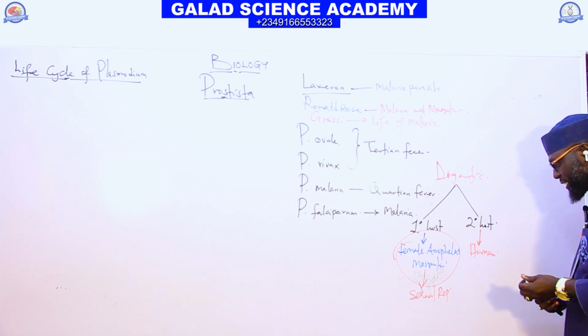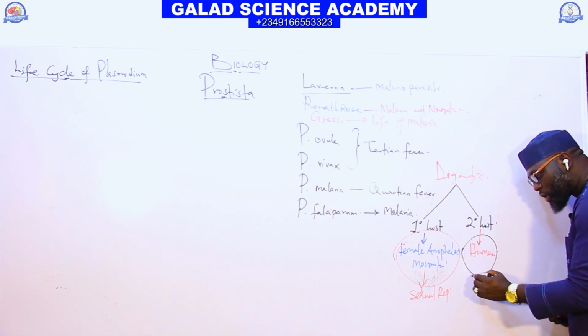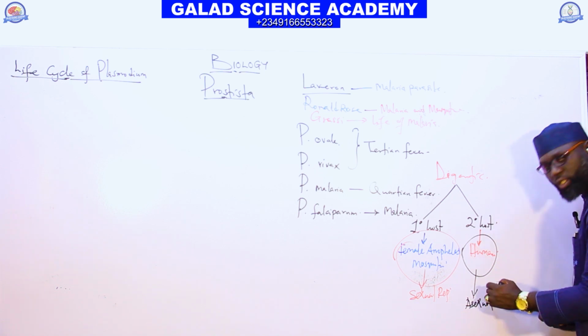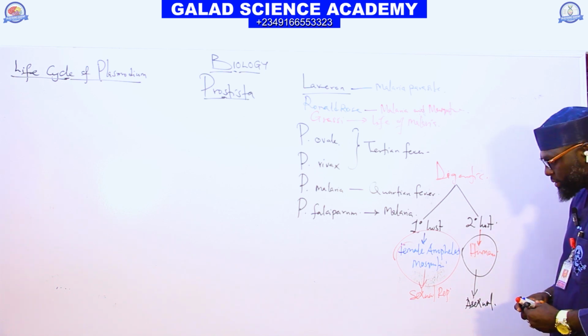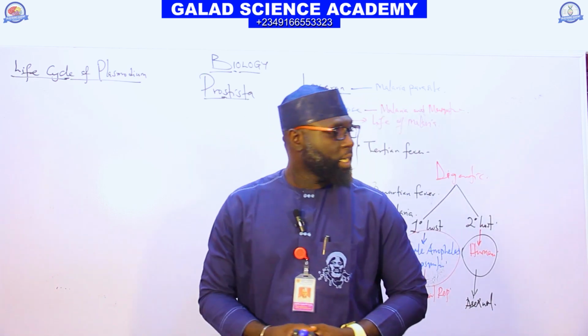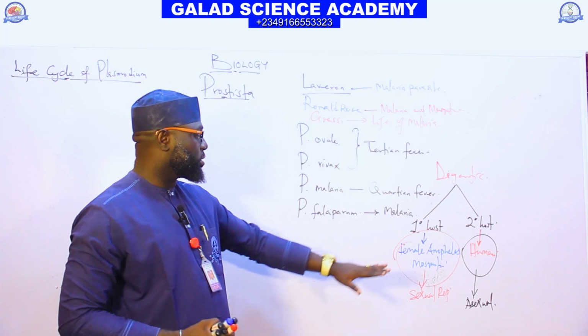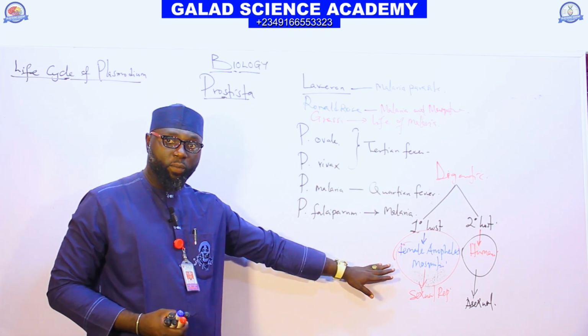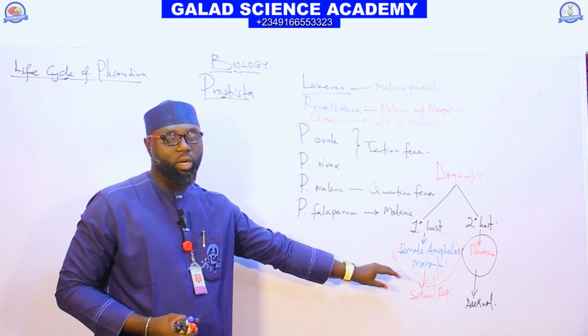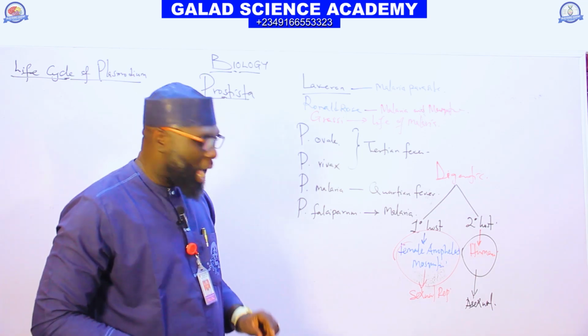But in human, the asexual reproduction takes place. This primary host is also called the definitive host.